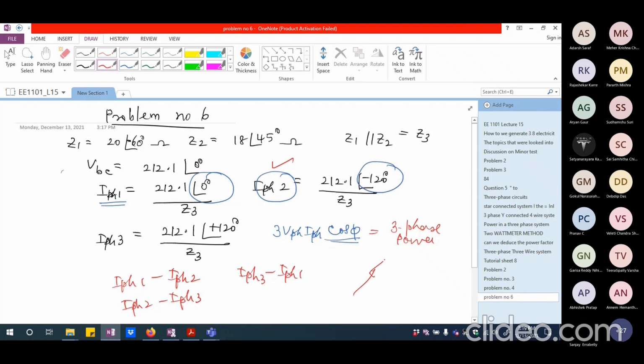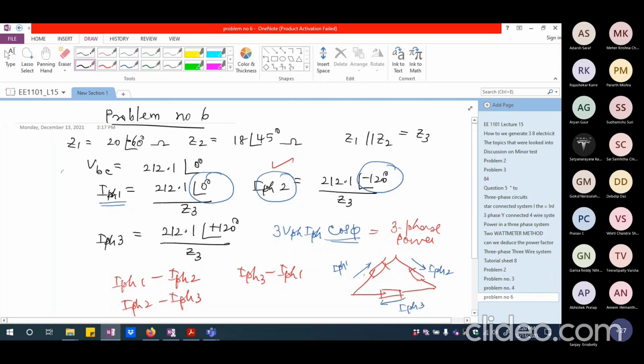Please remember this is what we are talking about. This is the delta connected load, and I'm calling this I phase 1, this I phase 2, and this I phase 3.